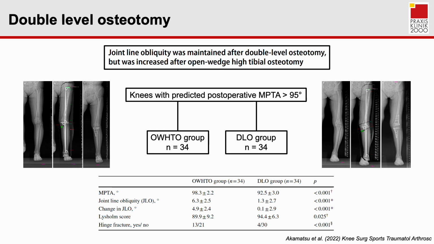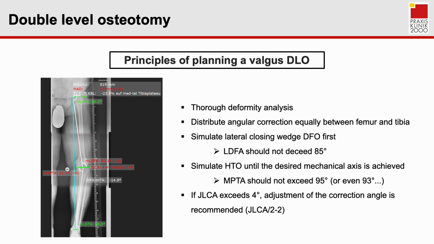In other words, the double-level osteotomy resulted in a physiological joint line orientation, better functional outcome, and fewer complications.